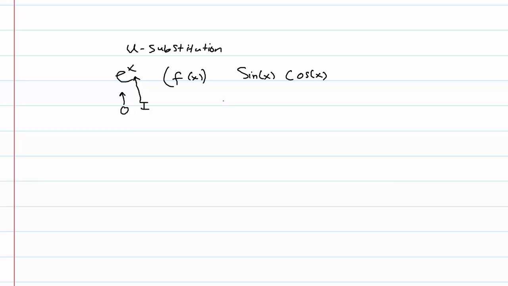For example, if we took the derivative of e to the 3x, we would end up with 3e to the 3x. Now we need to work backwards. How do we get rid of this 3? Well, we need to set u as our inside function.